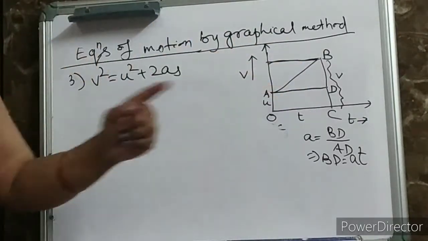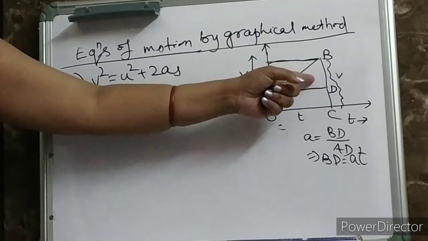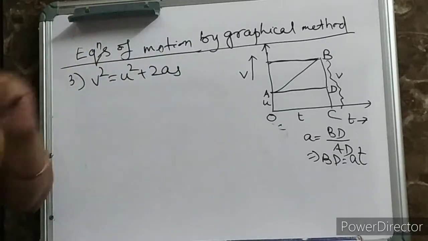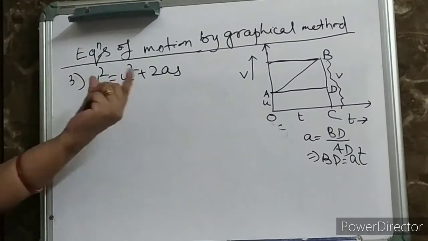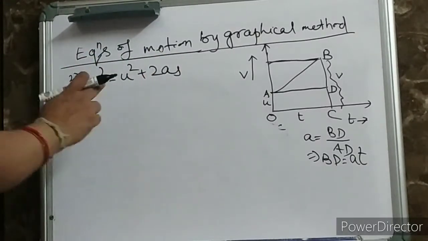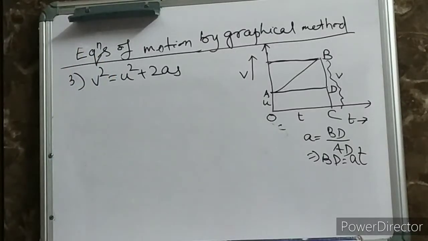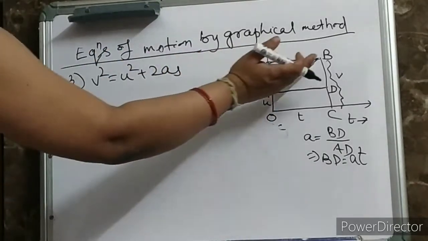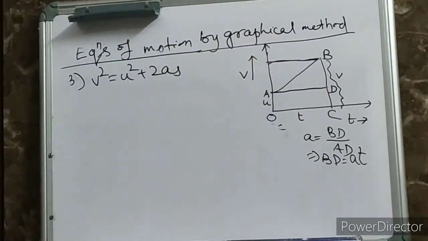One way, just now we have seen, adding the area of the triangle and the area of the rectangle. And there we have used T. But in this equation, you just observe there is no T. That means we are looking for a substitution for T. So we can use the area under this curve as the area of the trapezoid.